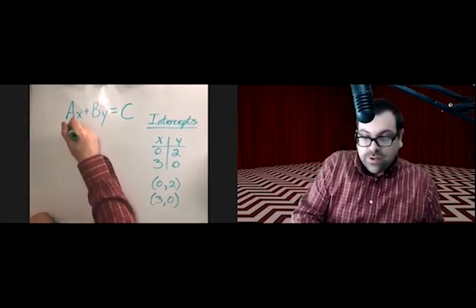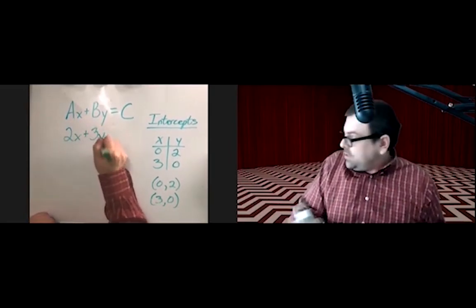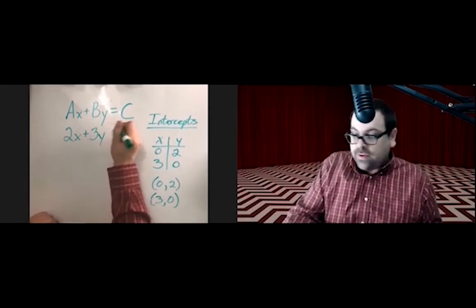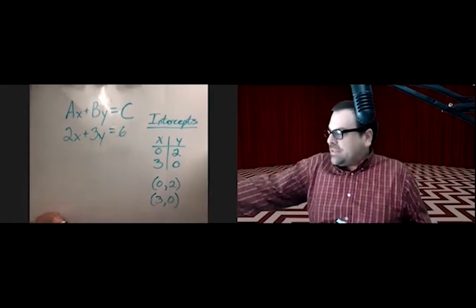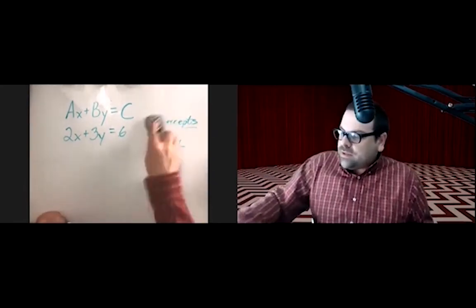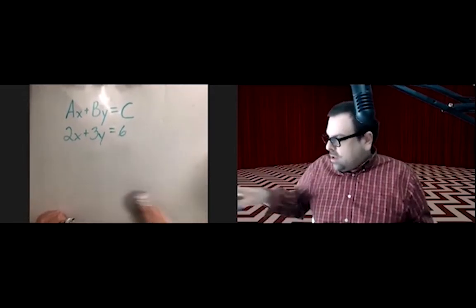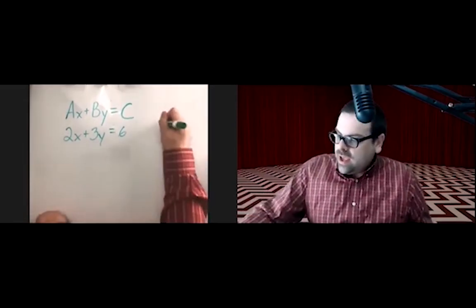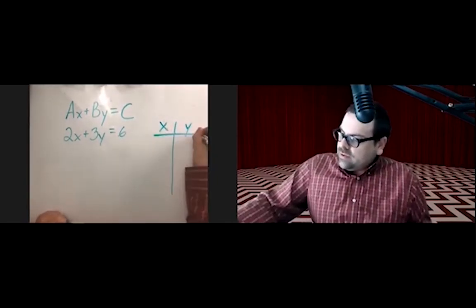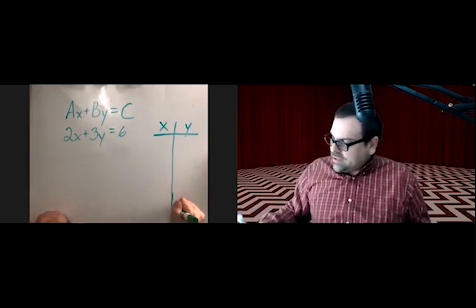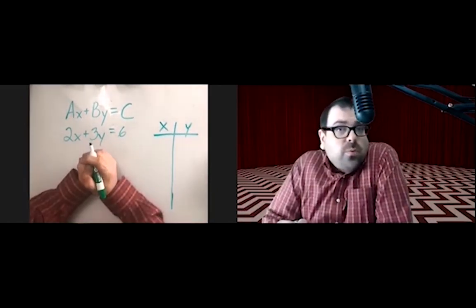So again, 2x + 3y = 6. Instead of using the intercepts, we can just make a regular old xy table that's not limited to just 0 for the x and 0 for the y.